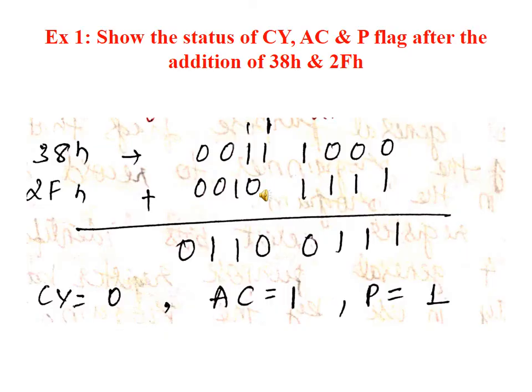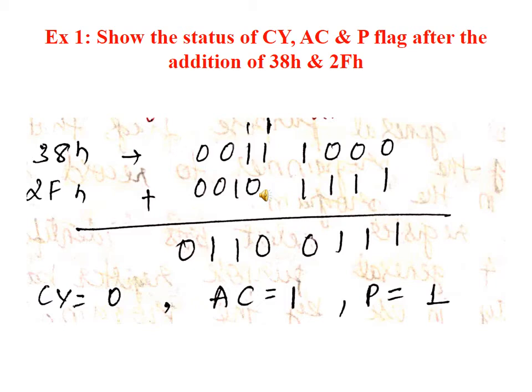So next we'll see one problem based on the different types of flag operations. Show the status of the carry flag, auxiliary carry flag and parity flag after the addition of 38H and 2FH. So here 38H and 2FH are represented in hexadecimal. H indicates that it is a hexadecimal representation.